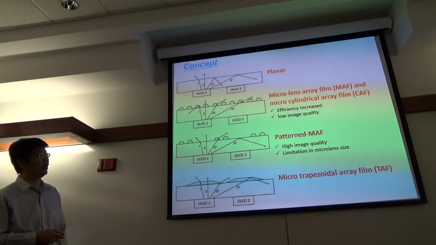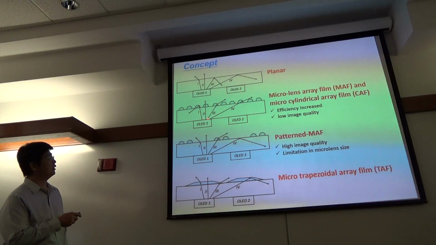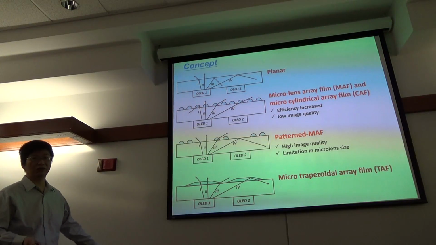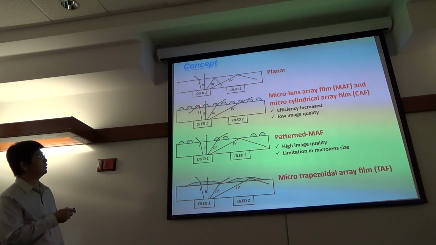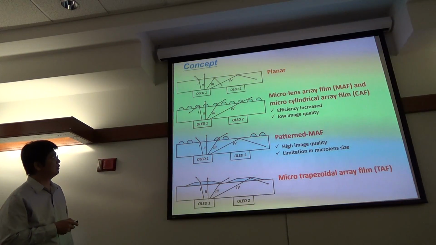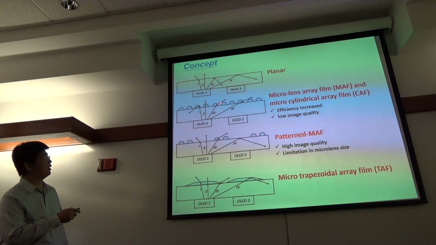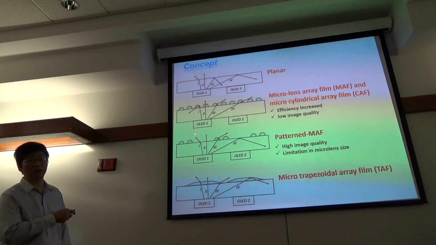Because for the smaller incident angle light, you don't need micro lens. Actually, sometimes you don't need micro lens here. And the second thing is, if you see the ray comes from here, you will say, oh, it should come from this pixel.